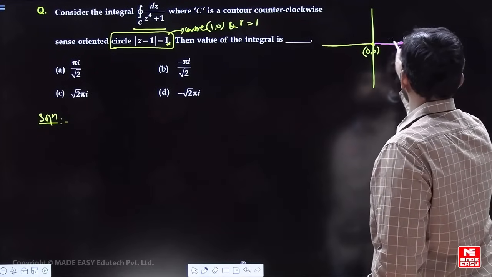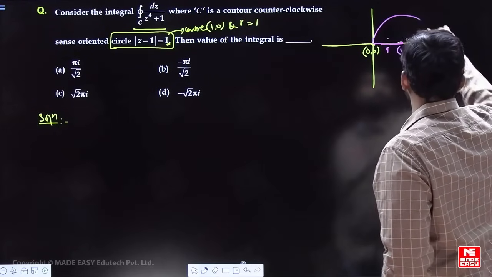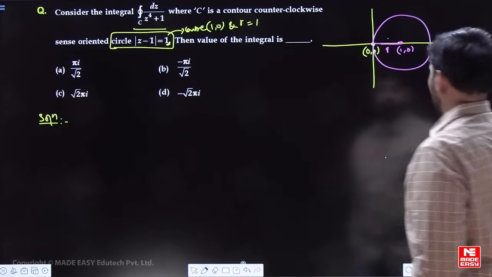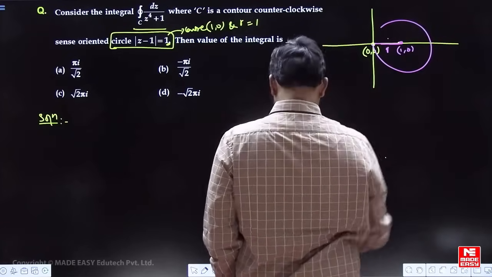So the radius of the circle is 1 unit. This is the circle you see here.